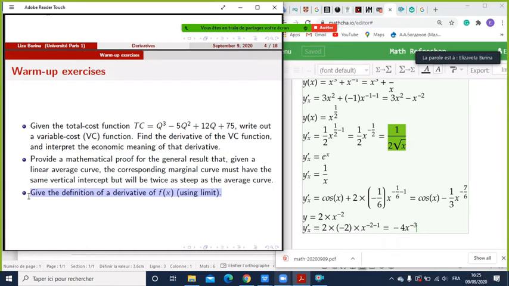You will see it, but again, if you don't want to spend time on that, and if you struggle with just taking the derivatives, don't spend your time on the definition with the limit. If you know it, remember it, here you go.